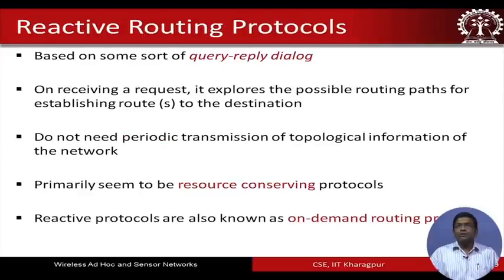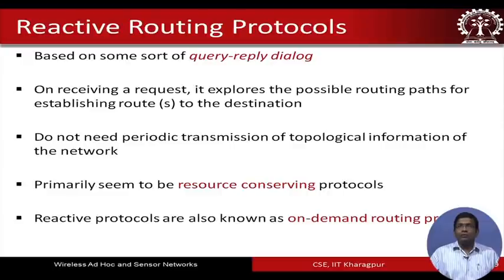Reactive routing protocols, on the other hand, function through a query reply dialog mechanism. On receiving a request, these protocols explore the possible routing paths for establishing routes to the destination, and they do not need periodic transmission of topological information of the network, unlike proactive routing protocols.